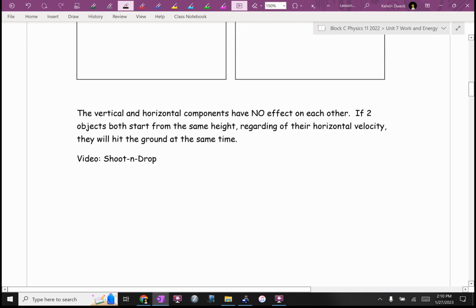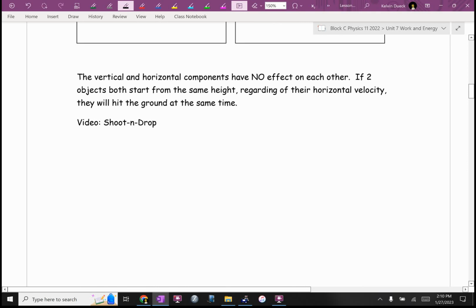Okay. What I want you to realize is that the vertical and horizontal components have no effect on each other. Let's do a little thought experiment. Let's suppose that I take my Airzuka and I carefully put it on my shoulder. I'm going to launch it like a bazooka, but I'm going to make sure I launch it exactly horizontally.